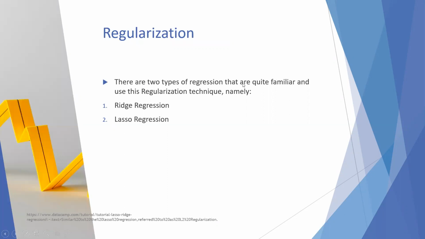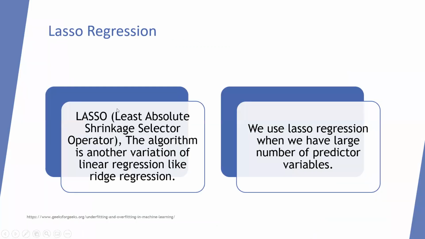There are two types of regression regularization techniques. One is ridge regression, and the second is lasso regression. The lasso is the least absolute shrinkage and selection operator. It is another variation of linear regression like ridge regression, and we use lasso regression when we have a large number of predictor variables.